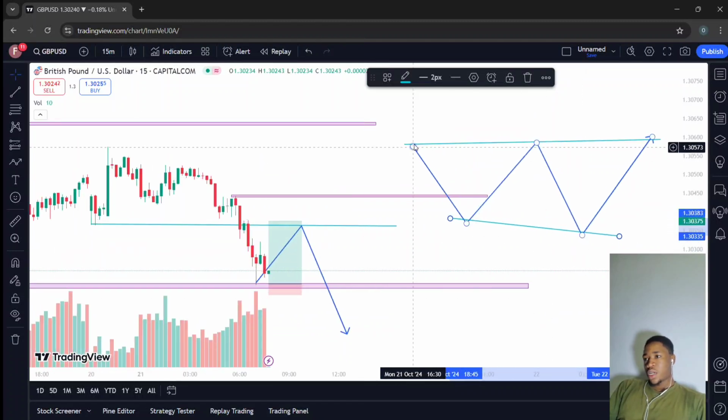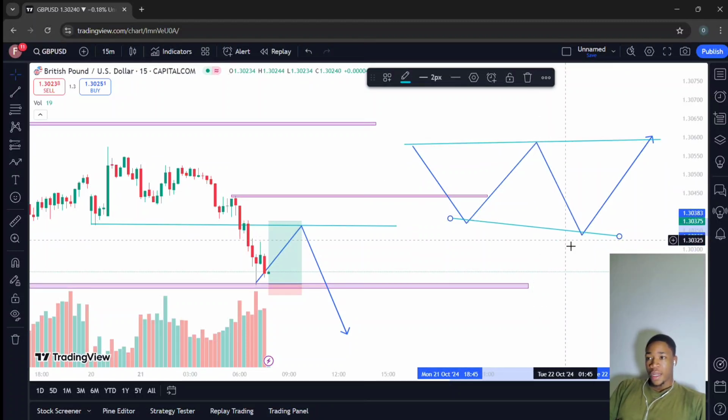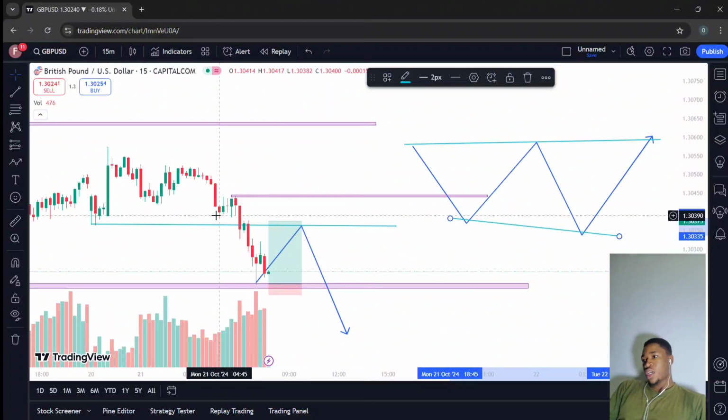So let's say price was here initially, for price to reach here, then we buy. It goes up, it reaches here, then we sell. It comes back here, then we buy again. So that's what we are looking at.